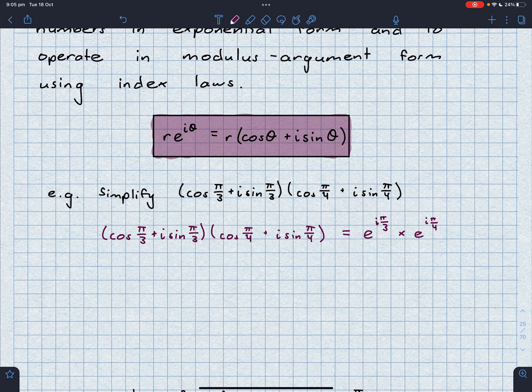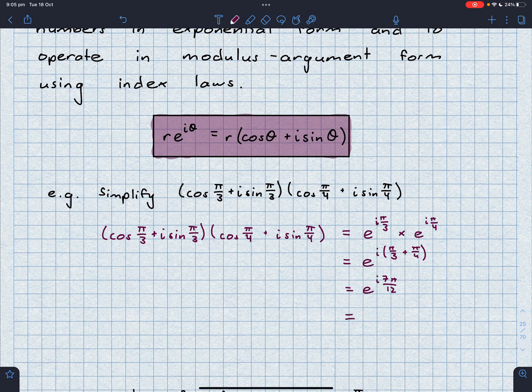So I can see now, just using index laws, when I multiply two numbers with the same base, I add the powers, which is why I add the arguments when I multiply two numbers in polar form. So I'm adding my powers and I get e to the i, that will be 7 pi on 12.